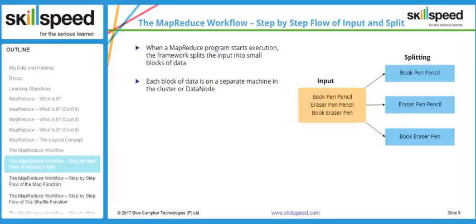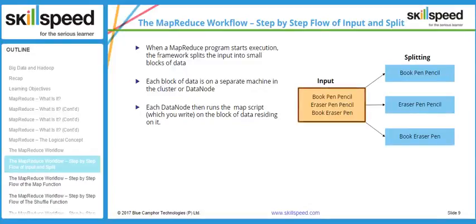In the input split phase, the MapReduce framework will decide how your data is divided and where it is located. Based on that, the framework will decide how many copies of the mapper program should be sent to those data nodes where those blocks are present. As you can see from this picture, our data is divided into 3, so that means 3 copies of the mapper program need to be sent to 3 different data nodes.